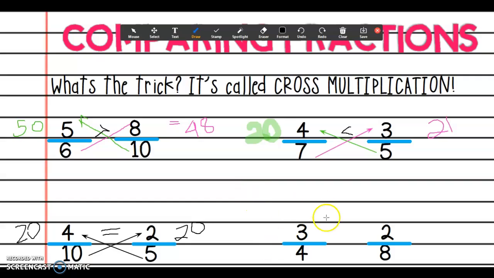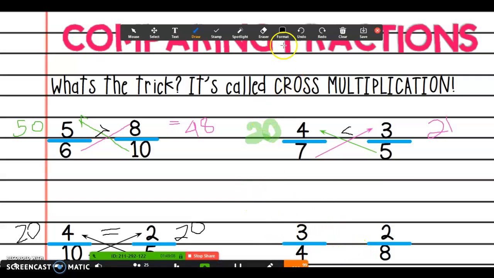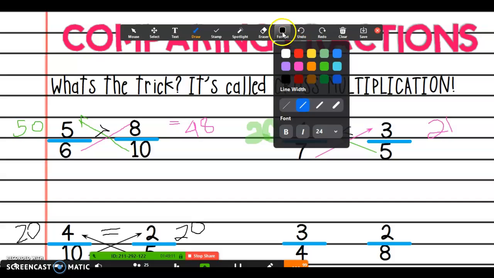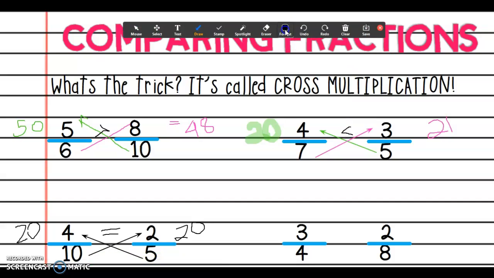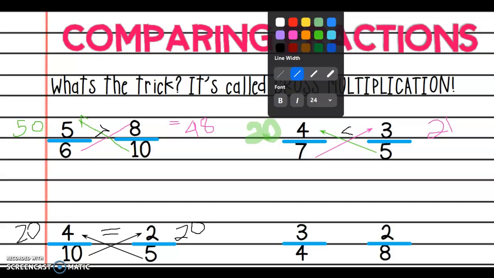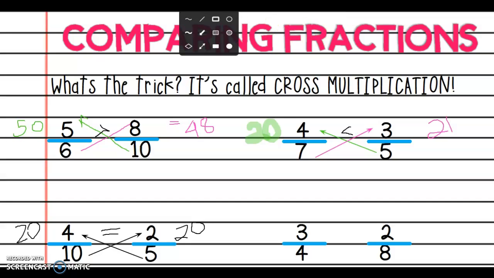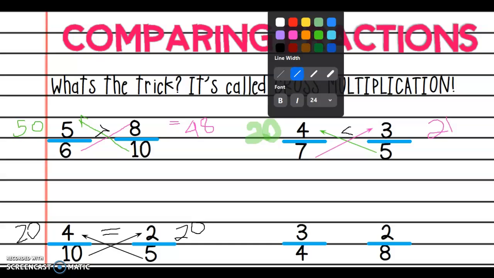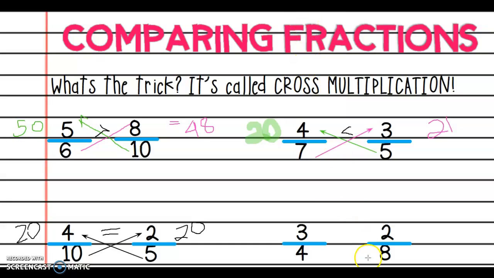So 3 times 8 would be 24. And then 4 times 2 would be 8.